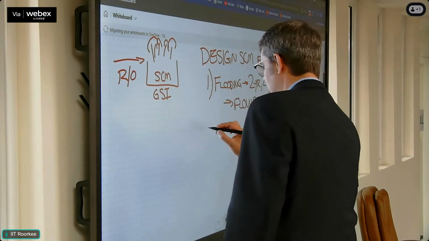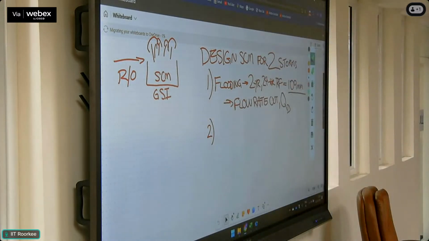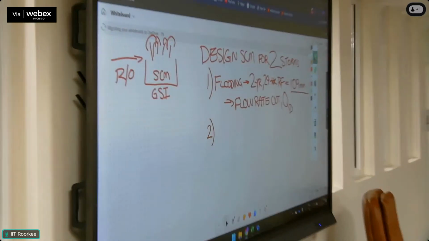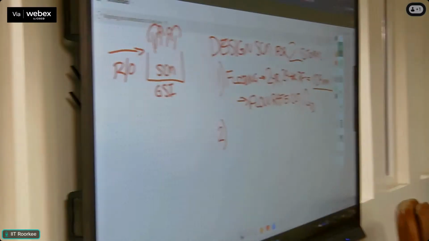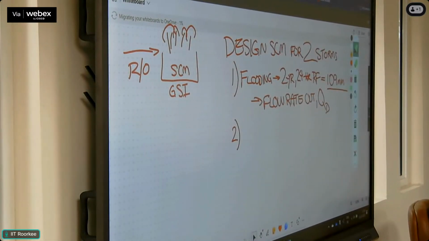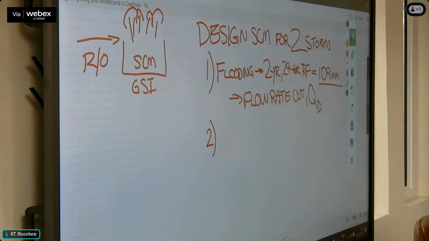The second storm size that we need to design for is the water quality event, which is associated with first flush. I know we did not all get the same values. There were two different ways of trying to calculate it.